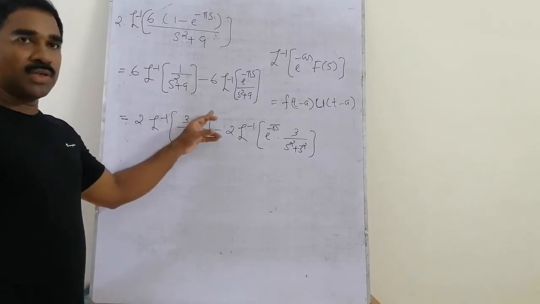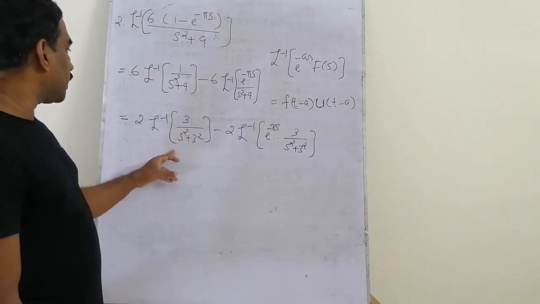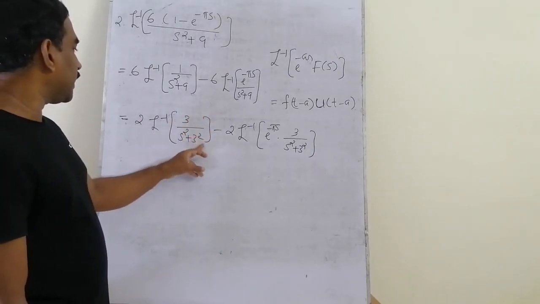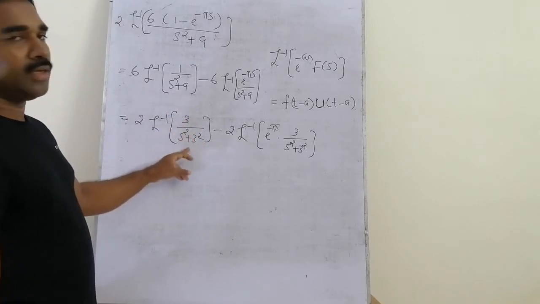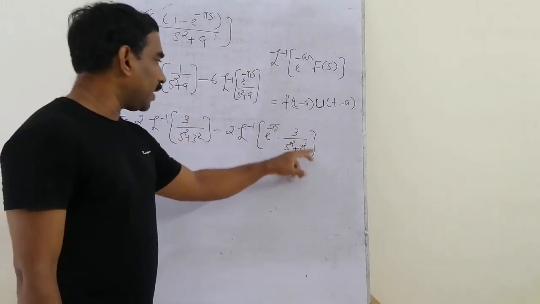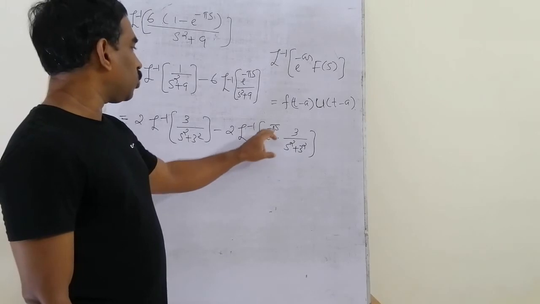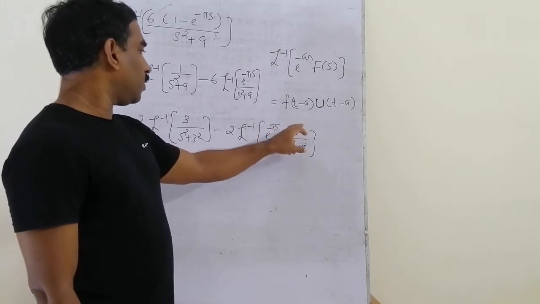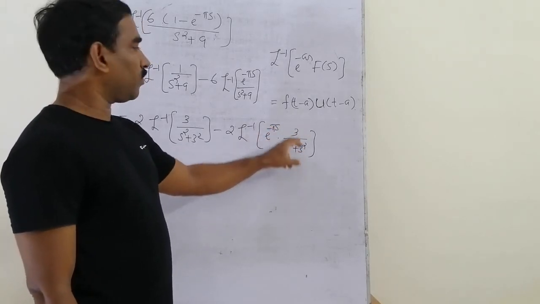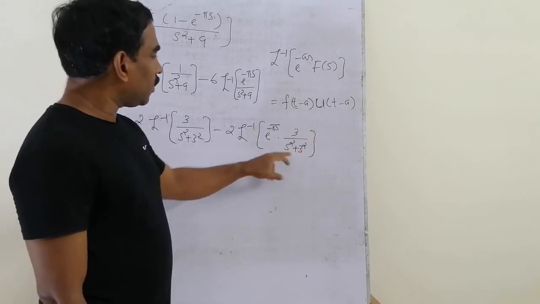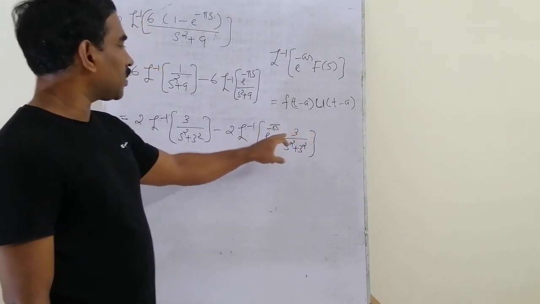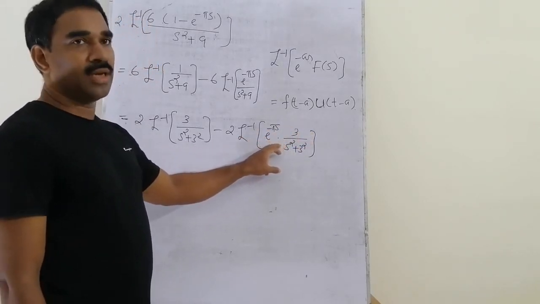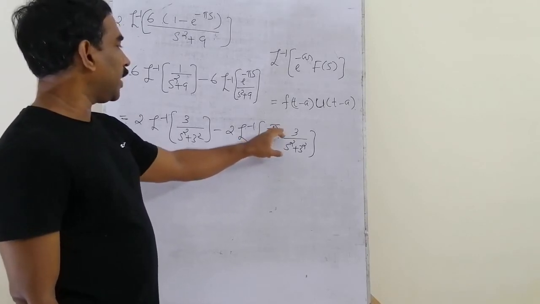For the first expression, the inverse Laplace transform is the direct result: L inverse of a by s square plus a square is sin at, that is sin 3t. And the second one is L inverse of e raised to minus 5s into a by s square plus a square type. For this function 3 by s square plus 3 square, the inverse Laplace transform is sin 3t. But it is multiplied with e raised to minus 5s.